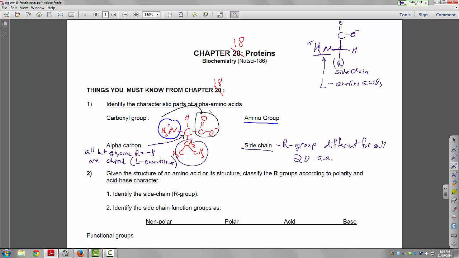The reason they're called alpha amino acids is because, let me draw another amino acid here. First off, I'm just going to draw an acid, make it ionized, and this is actually valine.